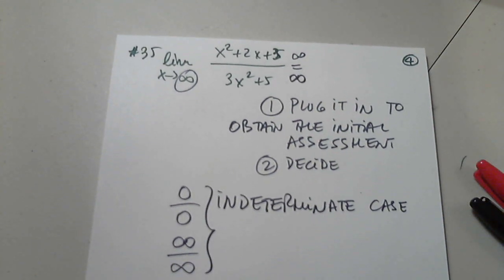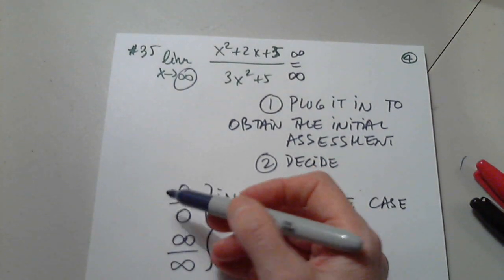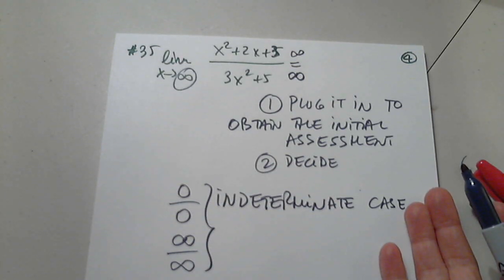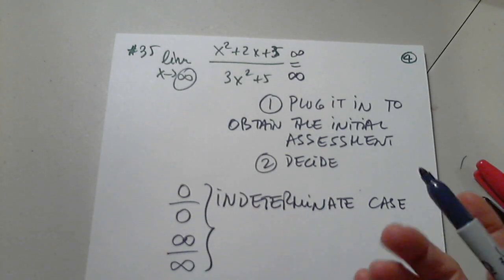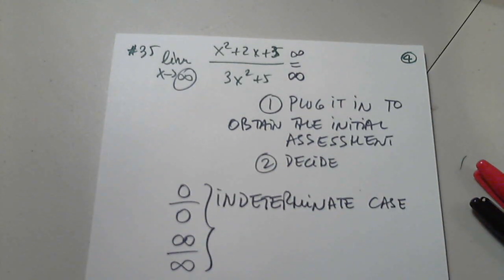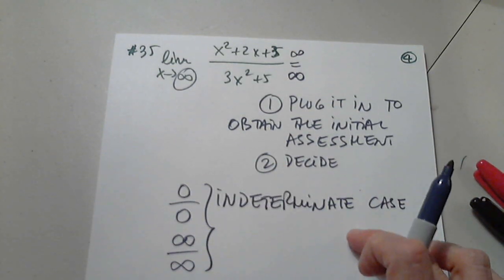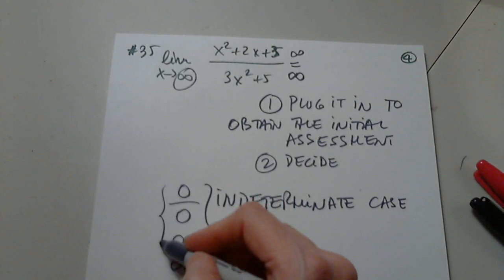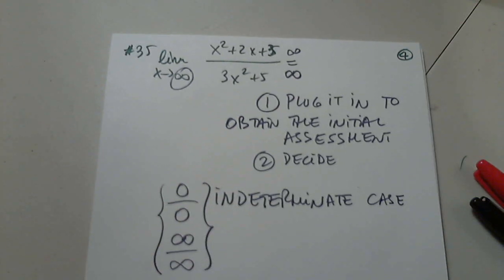Both of them have hope. Indeterminate means I have no clue. That's what indeterminate means. Undefined means it's done, dead. But indeterminate says I have no clue. It may or may not, but it has hope. Both of them have hope. Okay. How do I address this problem?